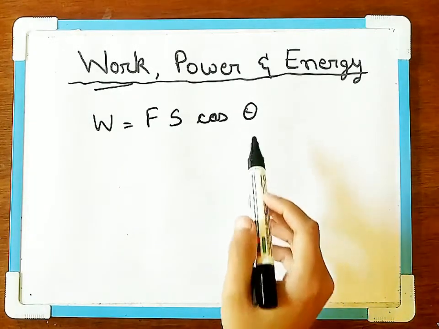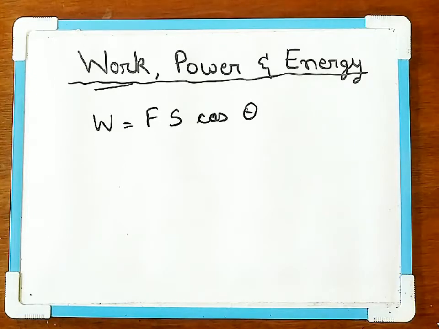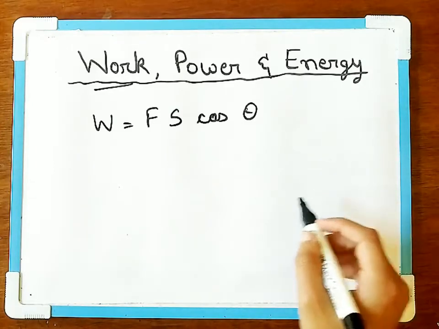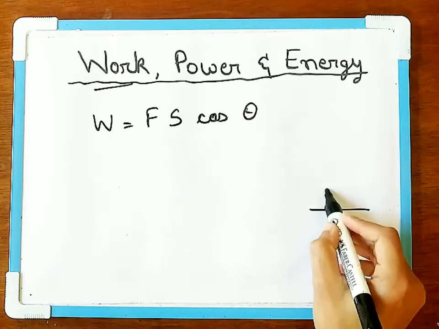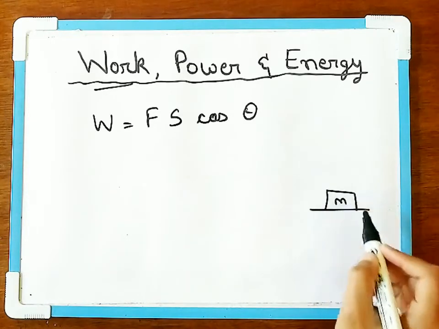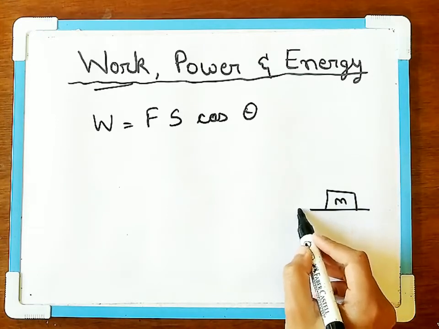Now, depending upon this theta, work can be positive or negative or zero. That is, depending upon the direction of the force and displacement, the work done can be positive, negative, or zero. For example, to find these cases, let us say we have an object on the ground, say of mass m. So this is the ground.